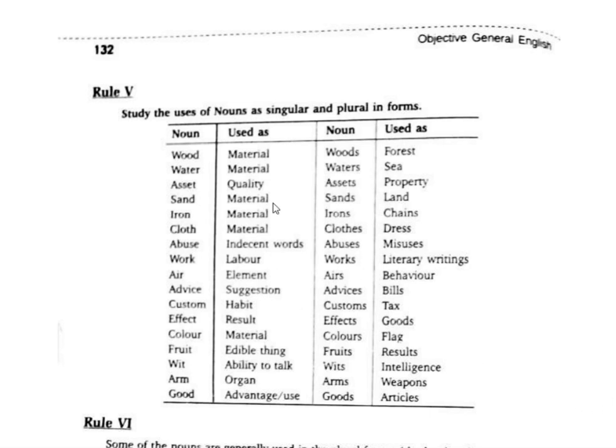So this is very important, on this table. Go through that. When you are using the singular form wood, it's a material. But when you are using the plural form woods, it means forest. Water, waters, sea. Asset, assets, property.